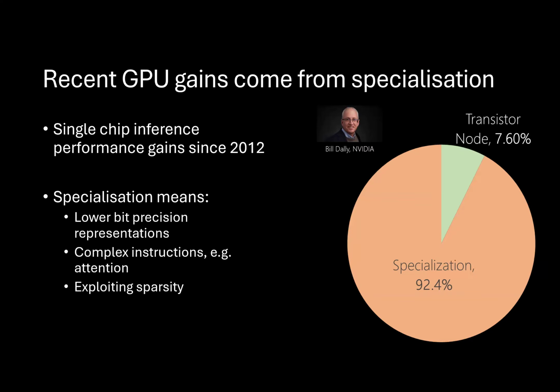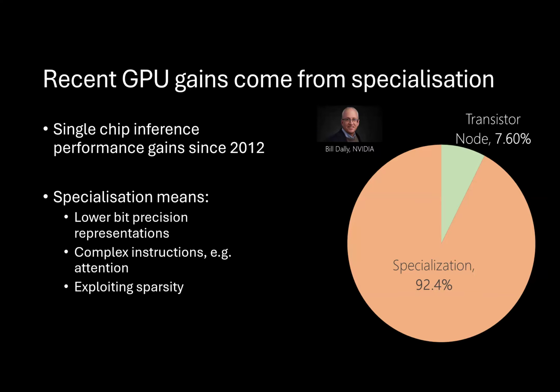Specialization in the context of a GPU means designing the GPU to do the job it's really trying to do. So matching the size of tensor cores to the expected size of operations, for example, or using lower bit precision representations, because many AI things don't need 32-bit or 64-bit numbers like you would in traditional physics simulation, say.